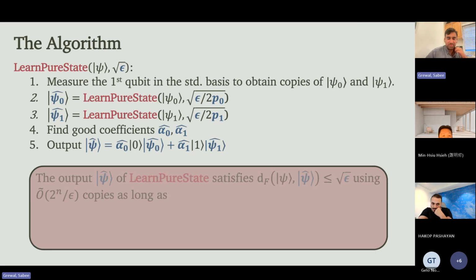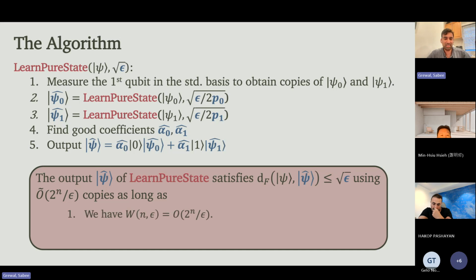We have this algorithm, and the output of this algorithm satisfies our desired complexity. The Frobenius distance between our output and the input will be at most root epsilon, and that's kind of the same thing as learning in fidelity. And our algorithm will use the claimed copy complexity, what I claimed at the beginning of the talk, as long as we satisfy two things.